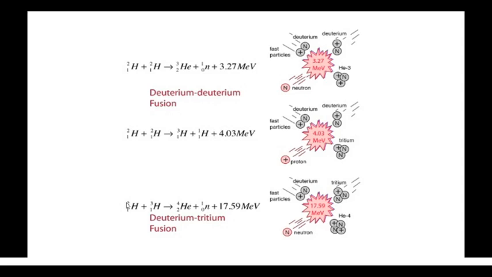So that is the DT reaction, in which a deuteron and a tritium fuse to form a helium nucleus and a neutron with a release of 17.59 MeV. So these are the two types of nuclear fusion reactions. One is the DD reaction and the second one is the DT reaction.